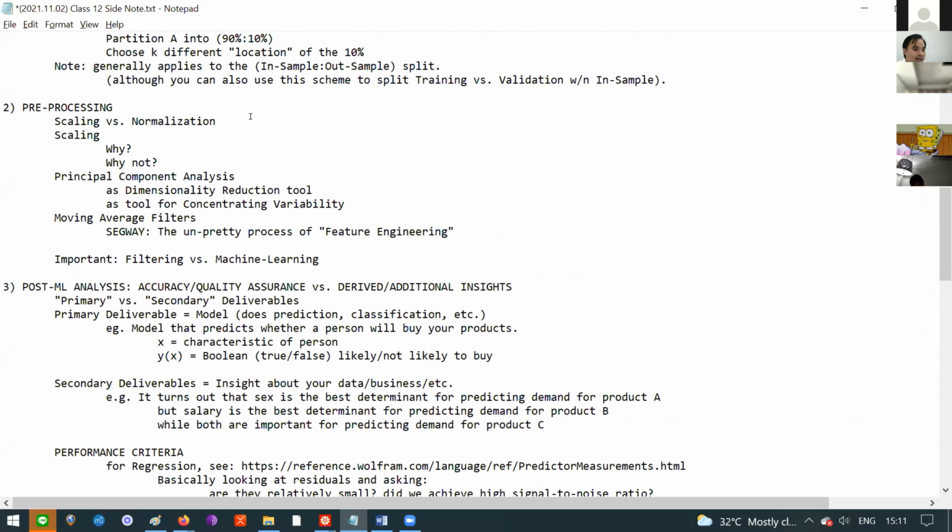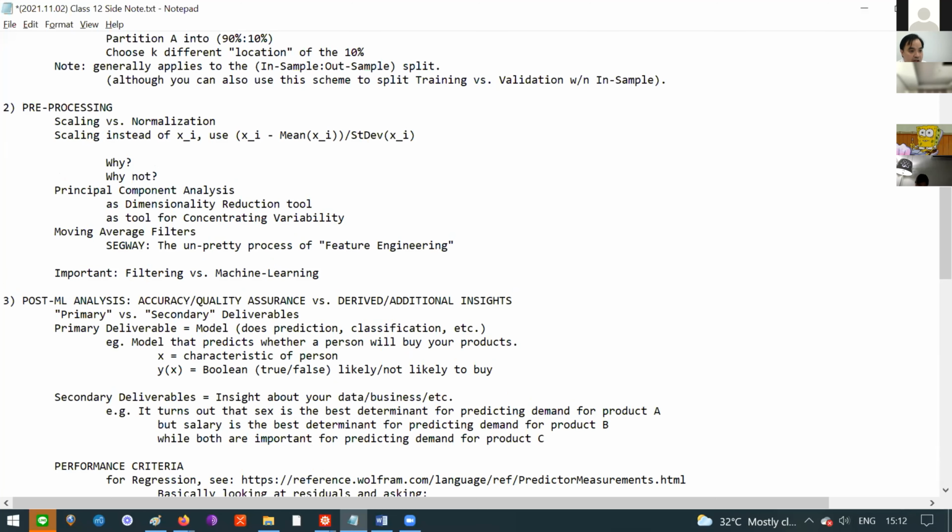The only thing I want to say is, instead of x, say i, use xi minus mean of xi, divided by standard deviation of xi. That's what it means.